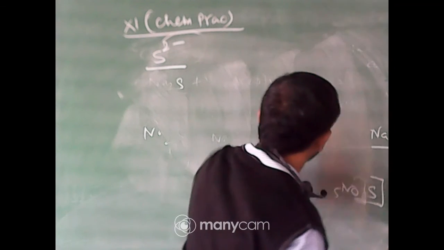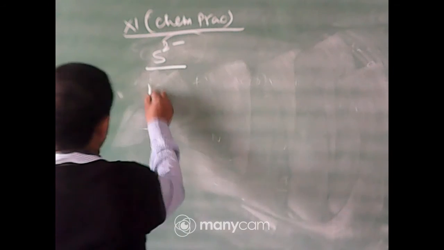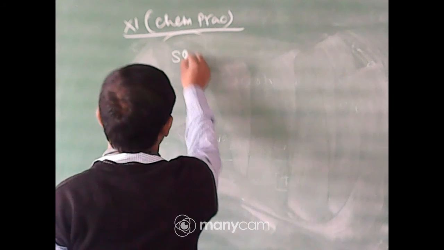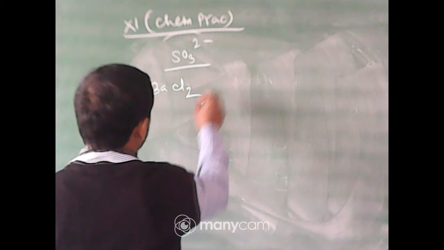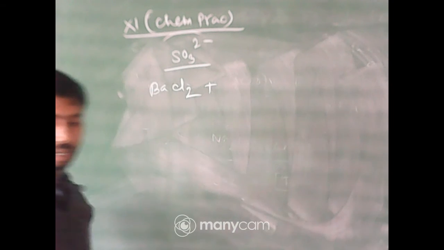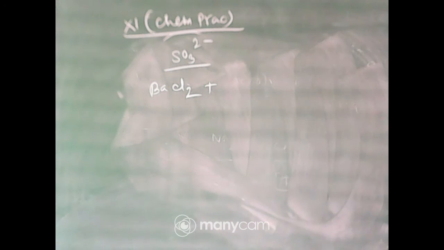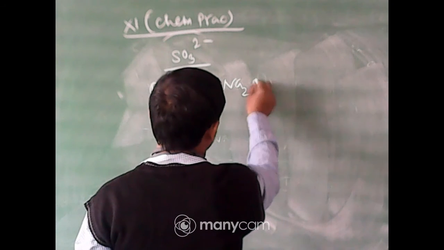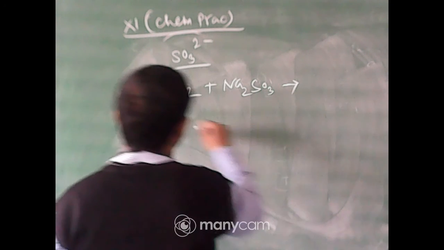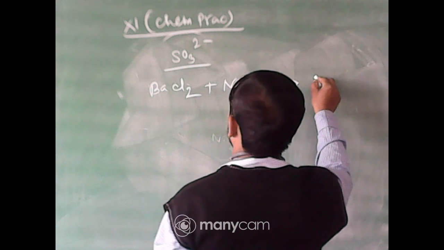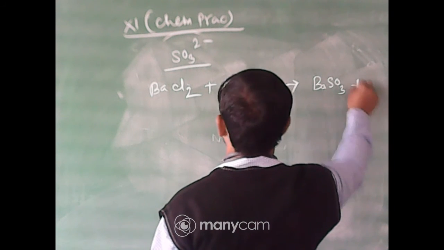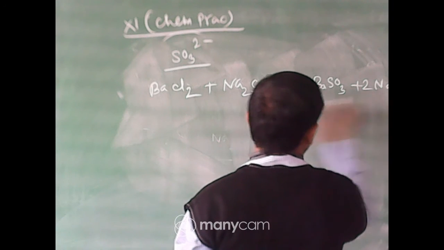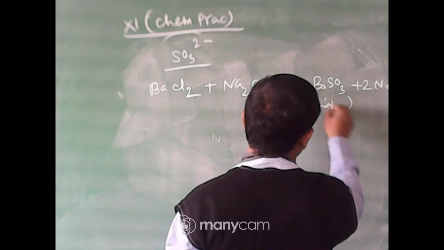then suppose next one for sulphite, SO3 2 minus. So, barium chloride solution plus, if the sample is taken as sodium sulphite Na2SO3, then it will produce a PPT of barium sulphite BaSO3 plus 2NaCl, this one having white PPT.